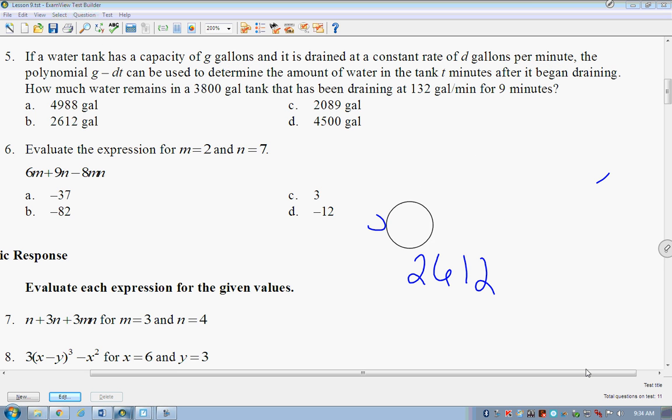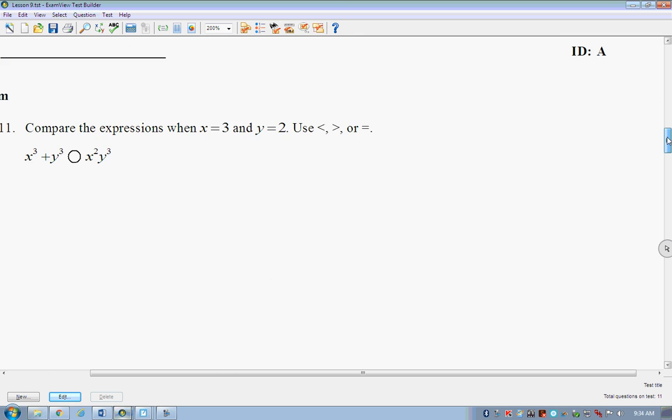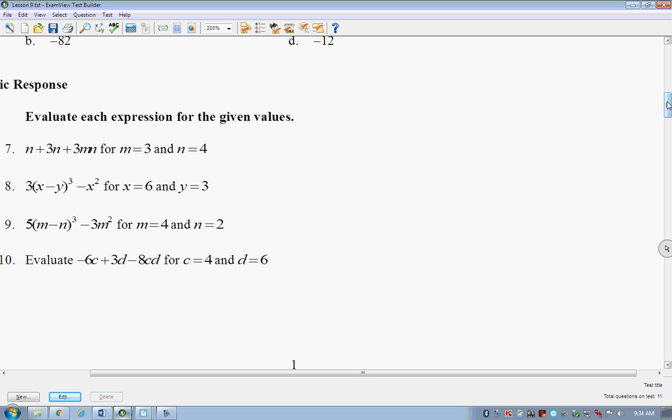I want you to look through the remaining questions real quick and see which questions you would have trouble doing if you were all on your own. If this was my homework assignment, and I did not have an answer key at the bottom, what questions might I struggle with? Okay, you see M in there? So you multiply.